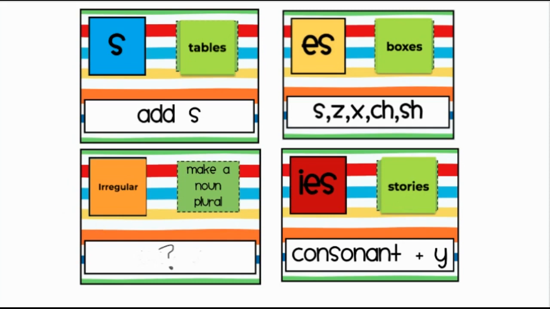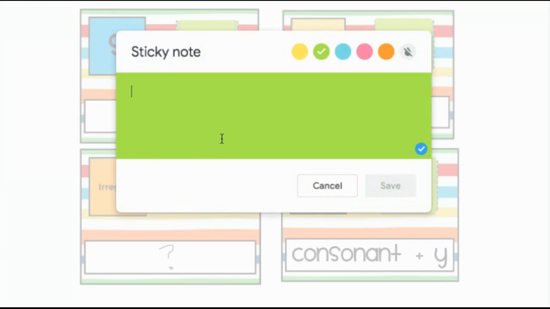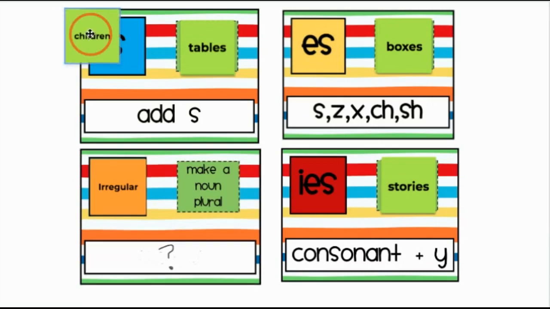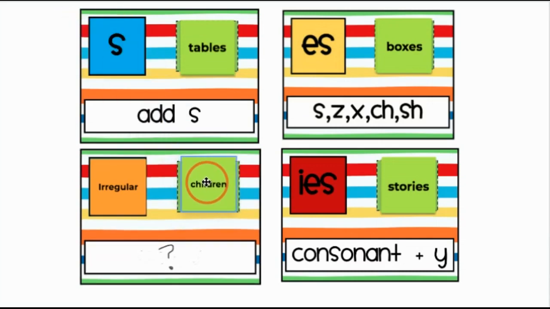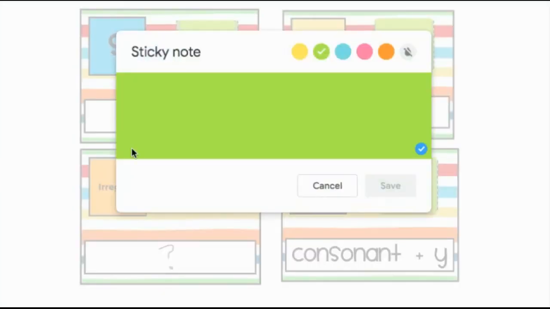Okay. What is the irregular plural of child? It's children. Okay. So this one doesn't have a rule. It changes completely. So we're going to put this one here. Okay. It changes completely. There's no rule to that one. We just have to learn it. Okay, now let's do one more. One of my favorite ones.